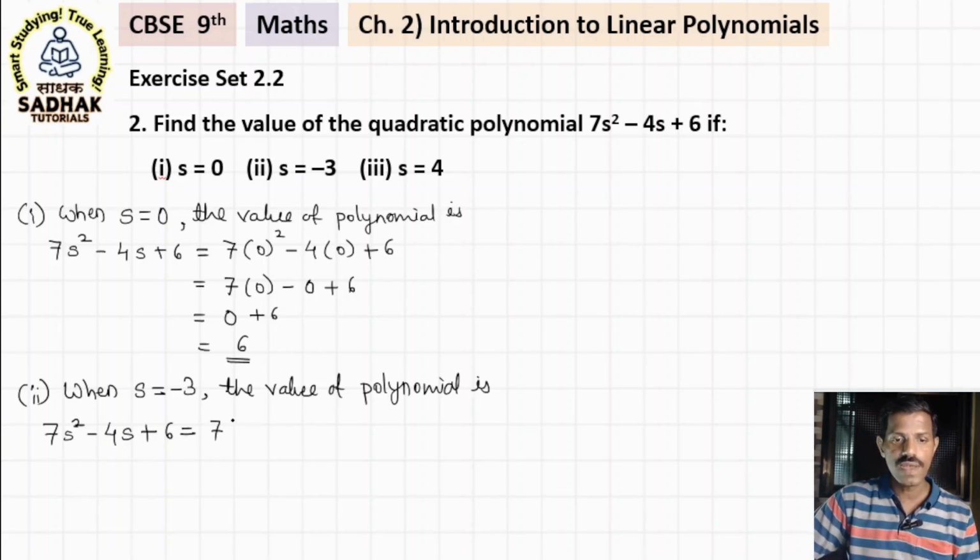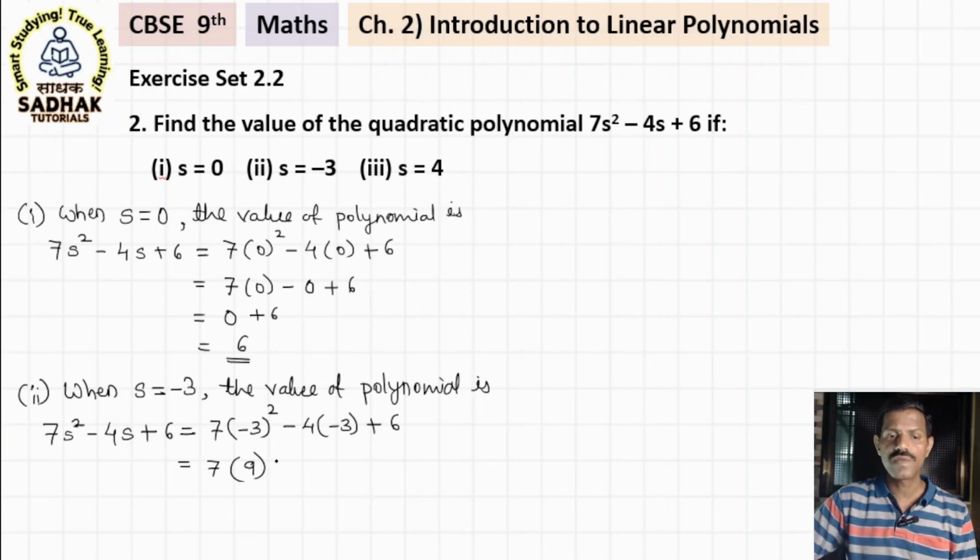So that will give us 7 multiplied by minus 3 the whole square minus 4 multiplied by minus 3 plus 6. Okay. So now minus 3 whole square will be 9, not minus 9. Many students will make the mistake. Minus 3 square will be minus 9? No. Minus 3 multiplied by minus 3. So minus minus becomes plus. So it is 9. 4 multiplied by minus 4 multiplied by minus 3 will give us plus 12 plus 6.